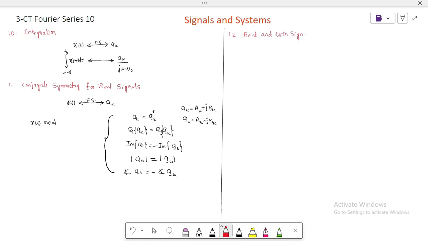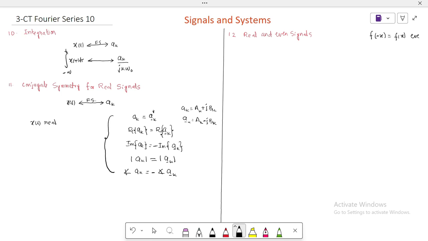For example, if f of minus x is equal to f of x, then that function is called an even function. If f of minus x is equal to minus f of x, then the function is odd.